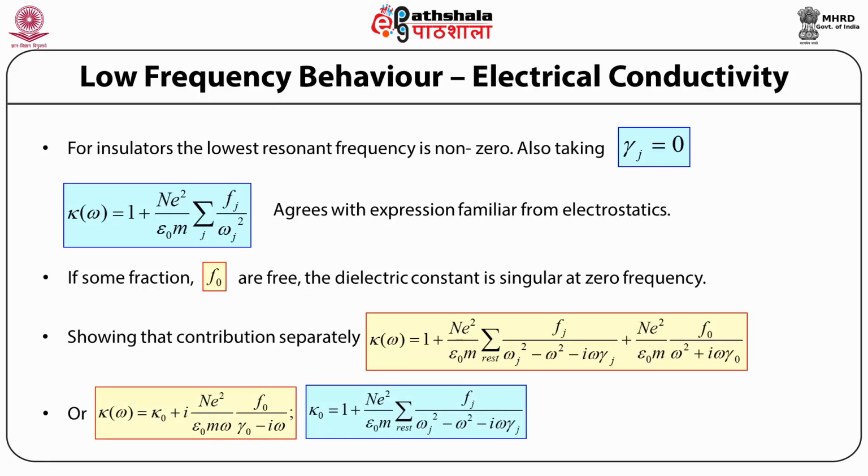Or K omega equals K naught plus i n e squared divided by epsilon naught m omega into f naught divided by gamma naught minus i omega, where K naught equals 1 plus n e squared divided by epsilon naught m times summation of f_j divided by omega_j squared minus omega squared minus i omega gamma_j, the contribution of all the rest of the frequencies.